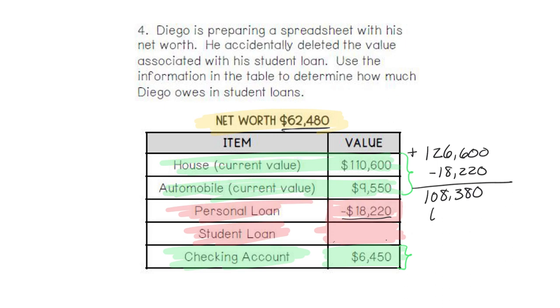So now subtract his net worth. And he owes $45,900 in student loans.